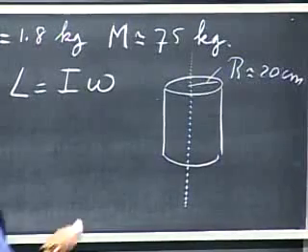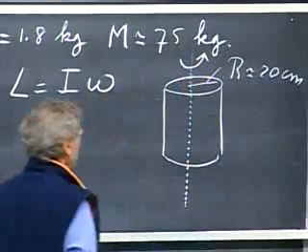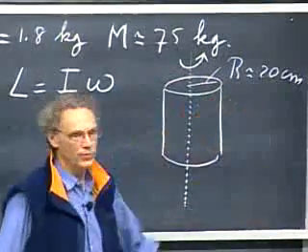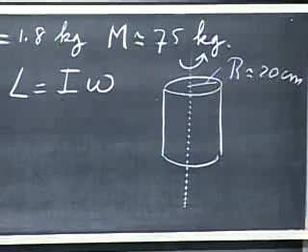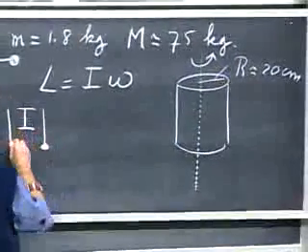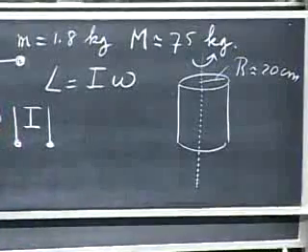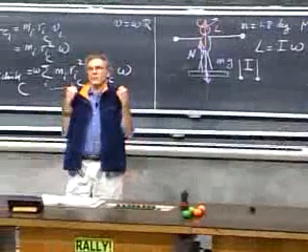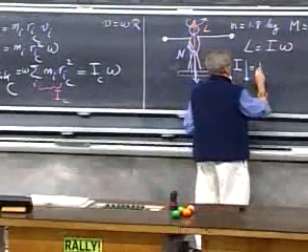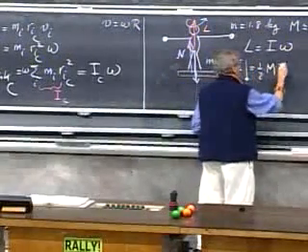And I'm going to rotate this cylinder around this axis, and I can calculate now what the moment of inertia is. This cylinder has a mass of 75 kilograms, has a radius of 20 centimeters, and so the moment of inertia, in the situation that, for instance, I have these two objects next to my body here, or I have them like here, so this is my shorthand notation, equals simple 1/2 mr squared.